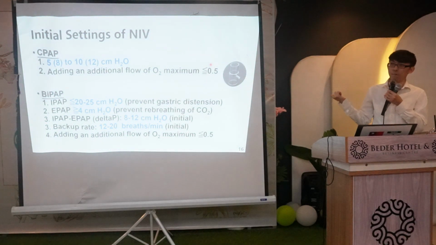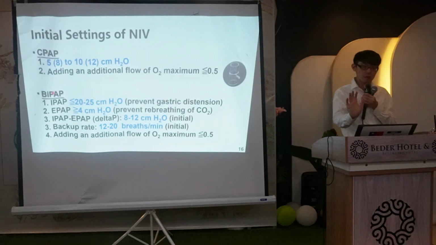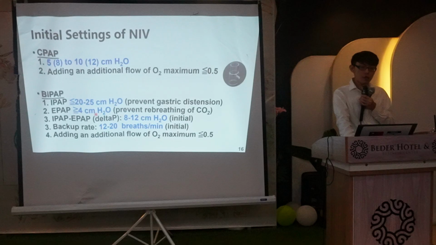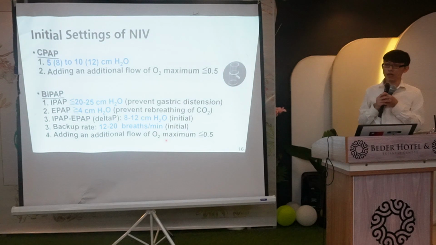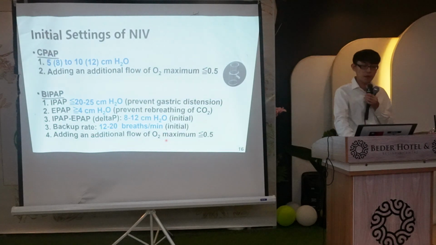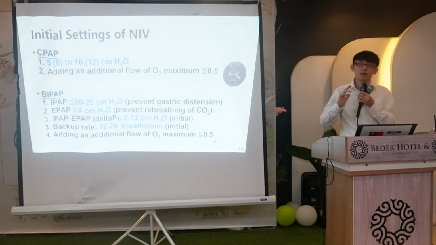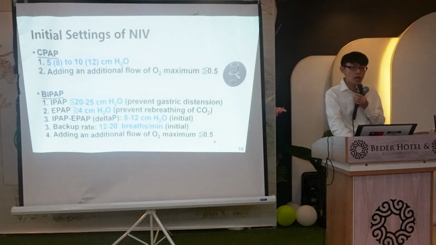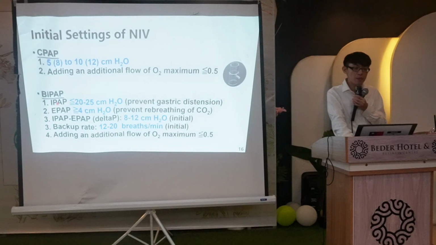In BiPAP and CPAP it is the same, because we just add O2 flow into the ventilator circuit. So the maximum O2 fraction is just 50%. If the patient requires O2 higher than this value, you may need to consider intubation.